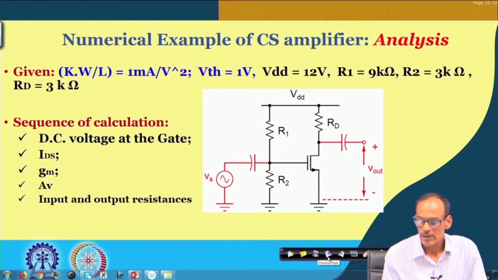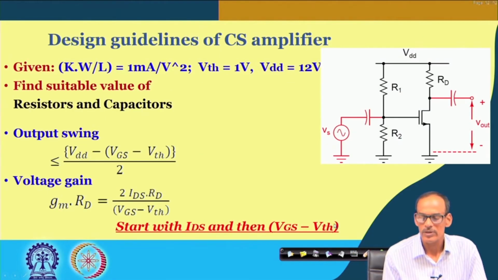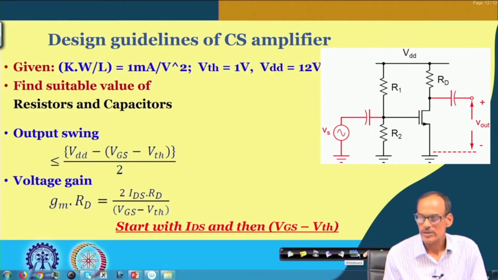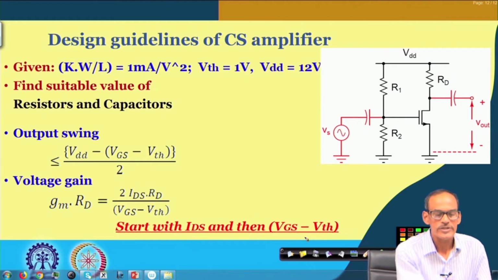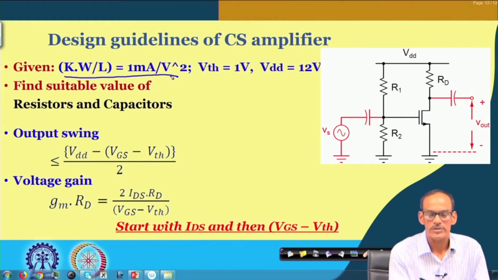So, let me go to the next slide where we have the problem defined. The circuit topology is given to us and the values of these device parameters are given to us.